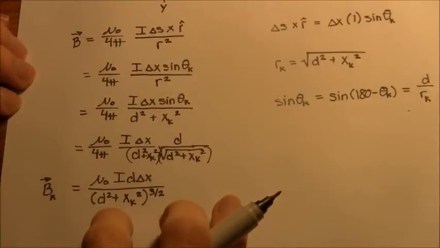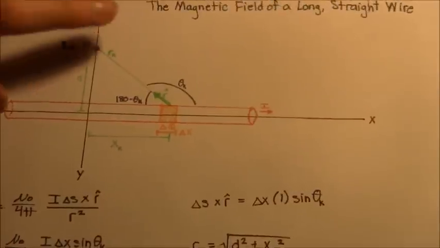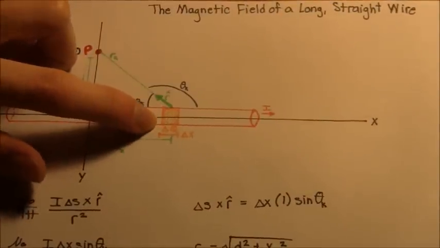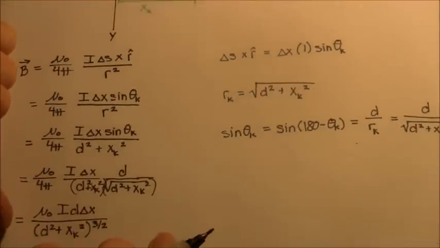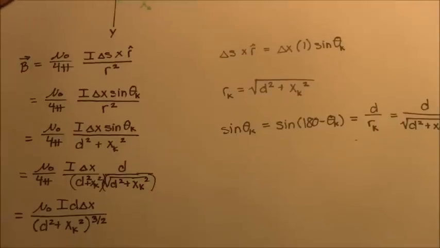Now this is the magnitude of the small section of the wire here. Now we have to integrate it in order to determine the magnitude of the magnetic field caused by the entire wire.